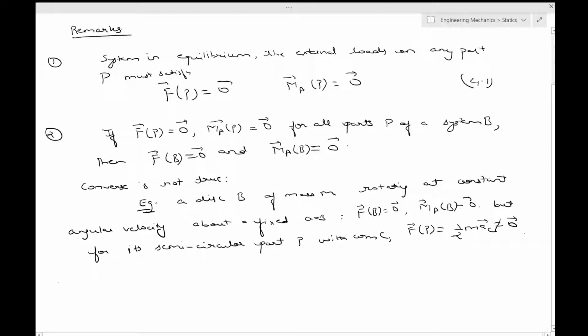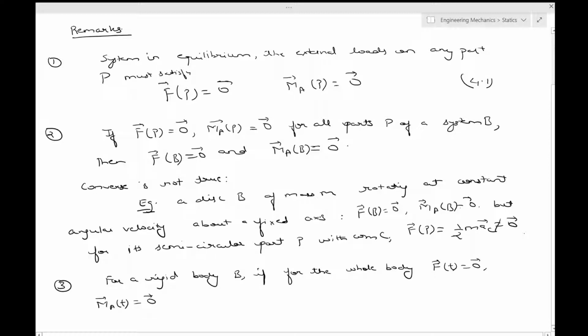Okay, now moving on. For a rigid body B, if for the whole body F of t is equal to 0, M_A of t is equal to 0, then it remains in equilibrium if it is initially in equilibrium.